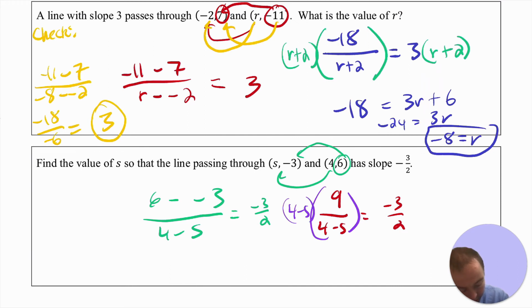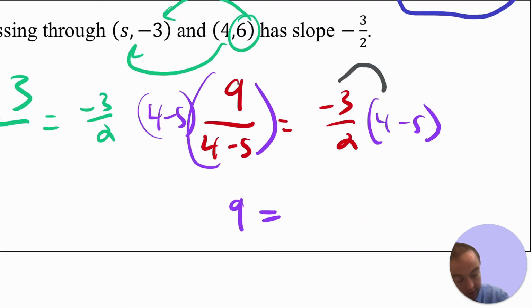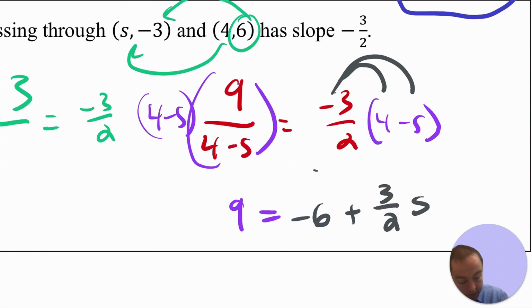And then we're going to get just 9 equals, and then we'll have to multiply this side by 4 minus s as well. So then when we distribute that multiplication, you're going to get -3/2 times 4, which would be -12 over 2. But -12 over 2 is actually -6. So you get -6, and then that's a negative times a negative, so you actually end up getting plus 3/2 s there.